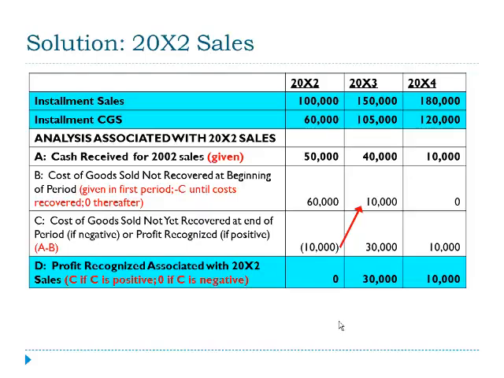In 2003, I receive cash of $40,000, and I need to recover another $10,000 of cash in order to cover my cost of goods sold. $40,000 minus $10,000 is $30,000. That's how much I've received over and above installment cost of goods sold, so I'm able to recognize $30,000.